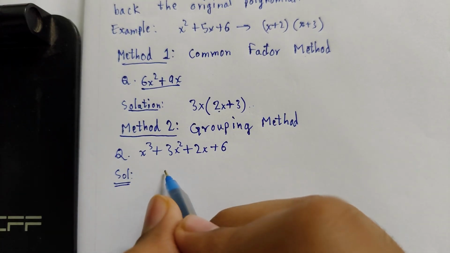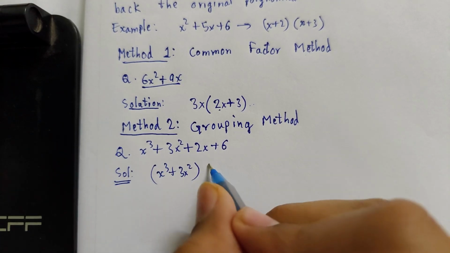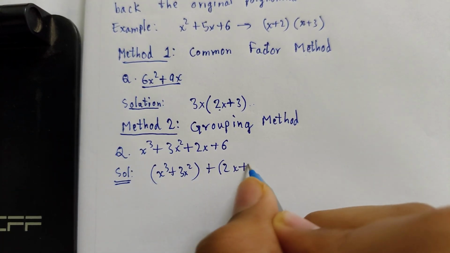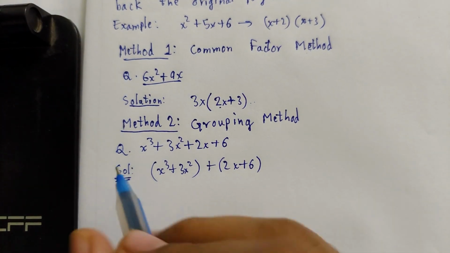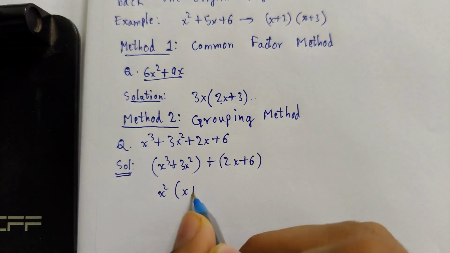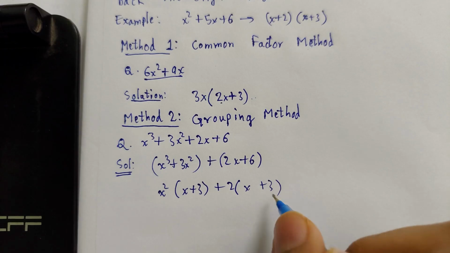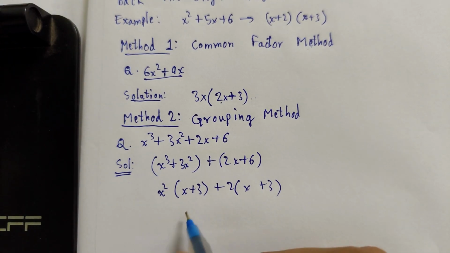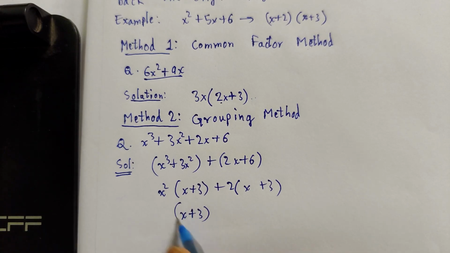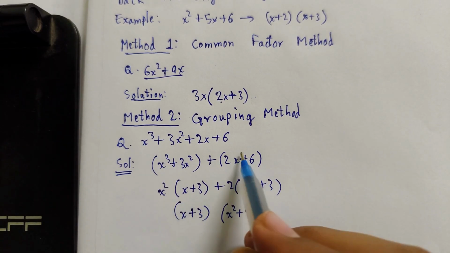Now we group the terms: x cube plus 3x square, plus 2x plus 6. Now we factor each group: x square into (x plus 3), plus 2 into (x plus 3). In this, the common part is (x plus 3). So now we do (x plus 3) into (x square plus 2). If we solve this, we get the original equation.